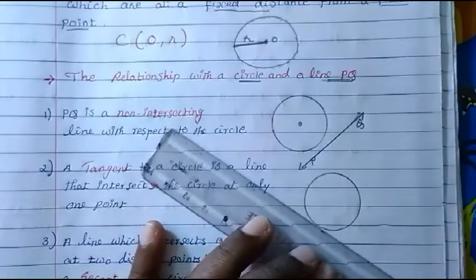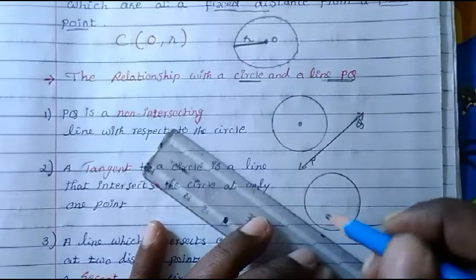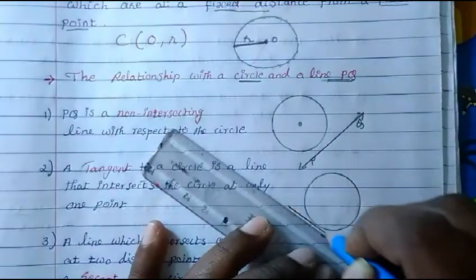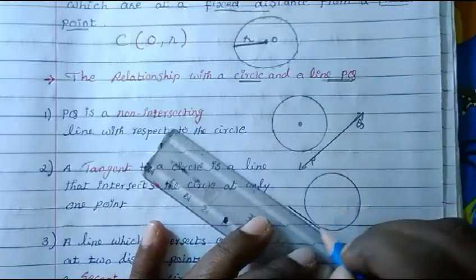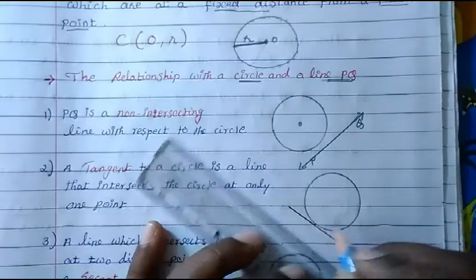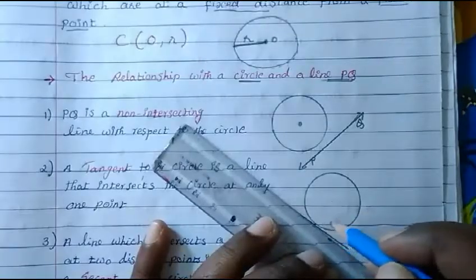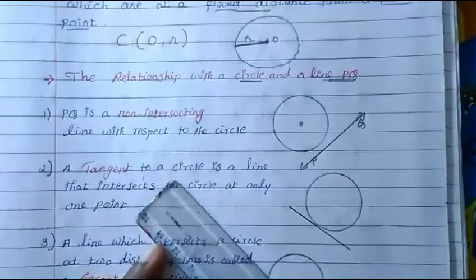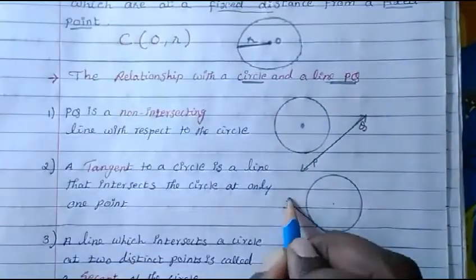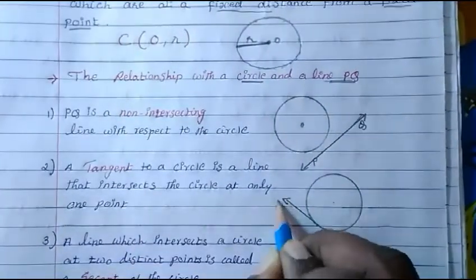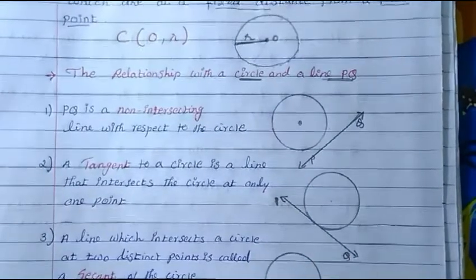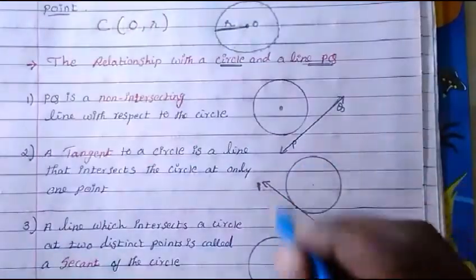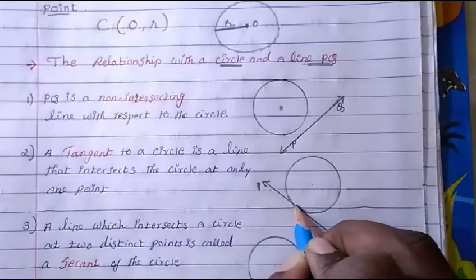Another one: we see this line PQ just touching the circle at a point. Somewhere here, just at one point it is touching. So this PQ line touches the circle at just one point.